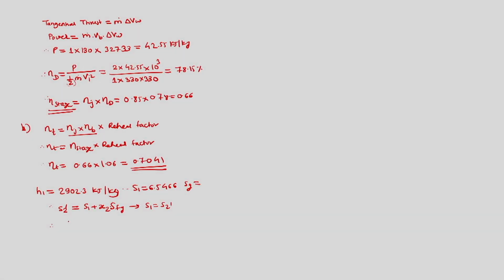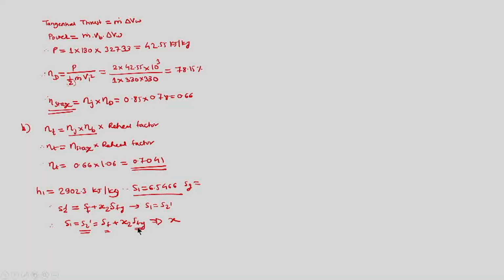So we have basically S1 is equal to SF plus X2 into SFG. Since S2 dash is known, and we know SF, the liquid saturation entropy for the condensation pressure, and SFG, the latent entropy for the condensation pressure, we can know X from here, which is X dash equal to 0.7757.